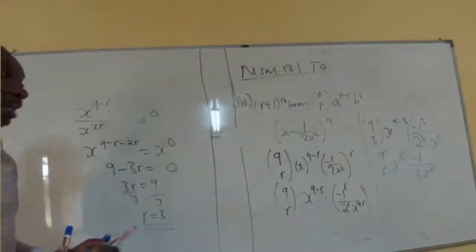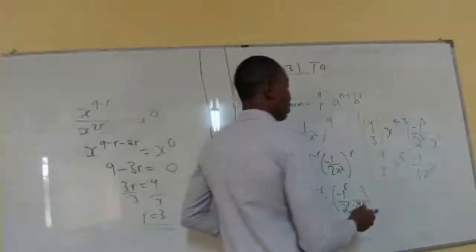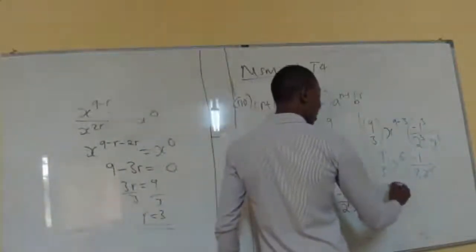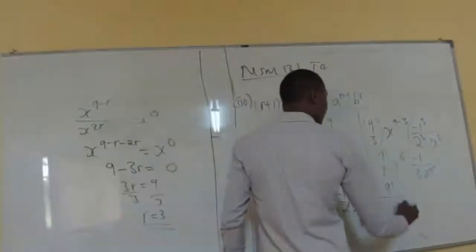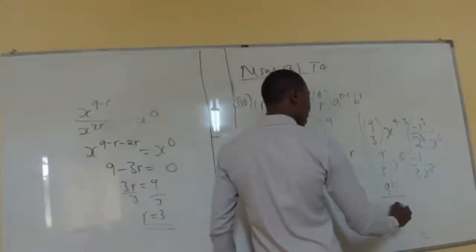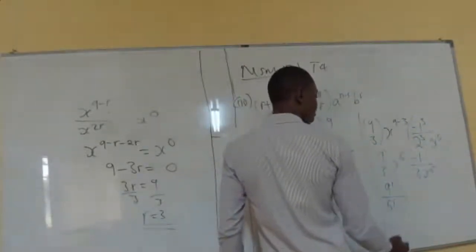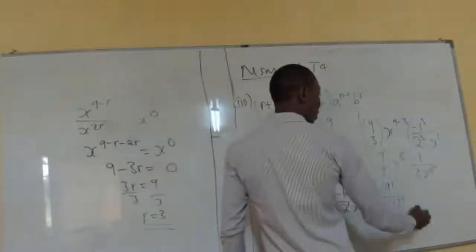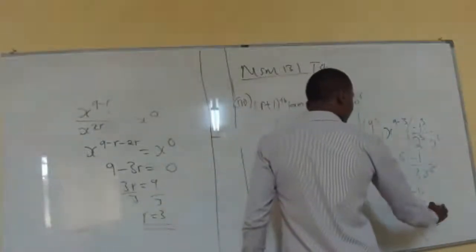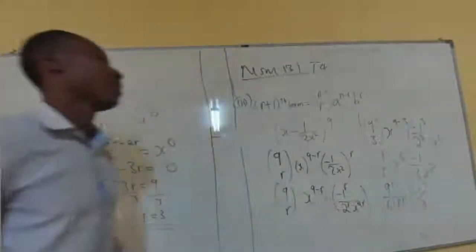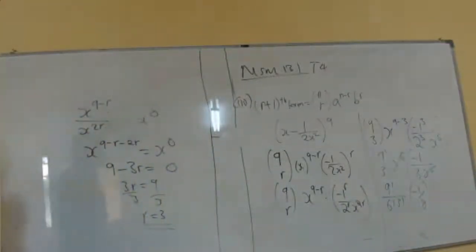Then what you get now is 9 choose 3. So what is 9 choose 3? 9 choose 3 is the same as 9 factorial over 9 minus 3 is 6, so 6 factorial, then 3 factorial, multiplied by negative 1 over 8. Alright? So you can finish that up. So 9 factorial over 6 factorial, 3 factorial, negative 1 over 8.